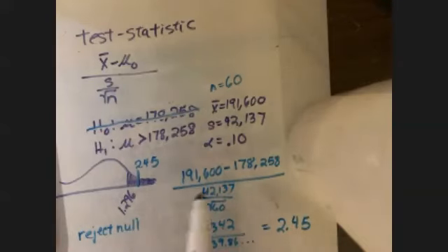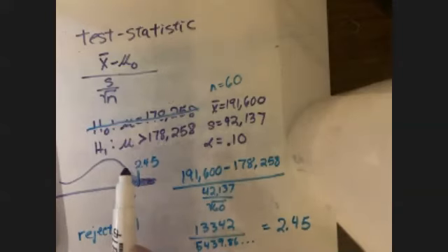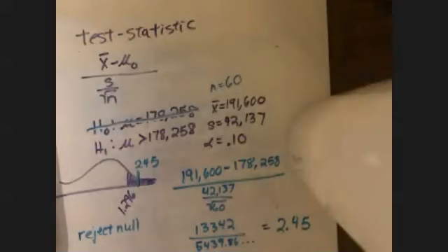We would say there is enough evidence to reject the null and say that the mean is greater than 178,000. Sorry, there it is. Come back. Than that. Okay.